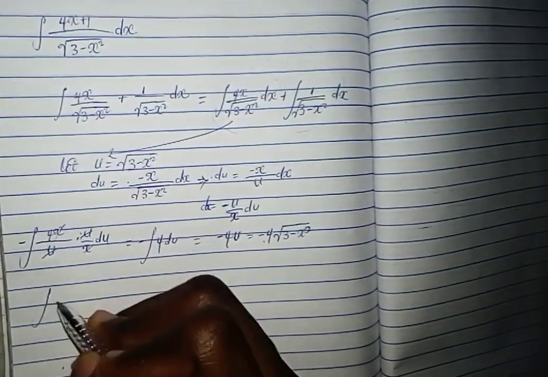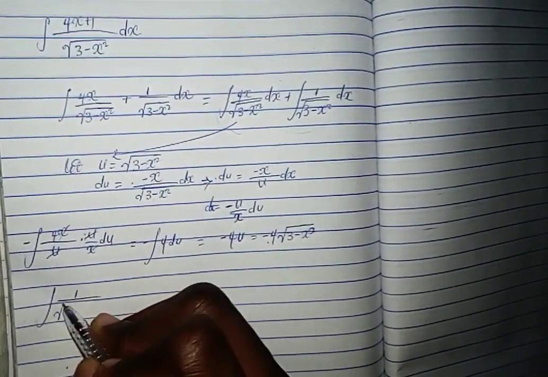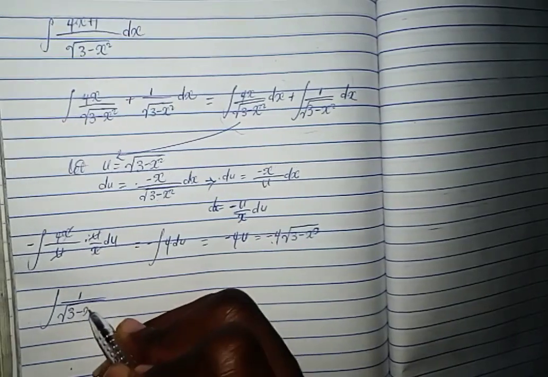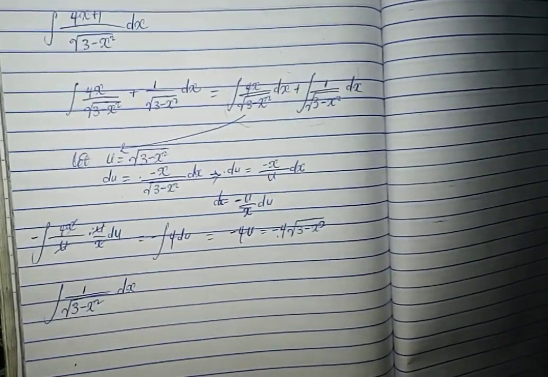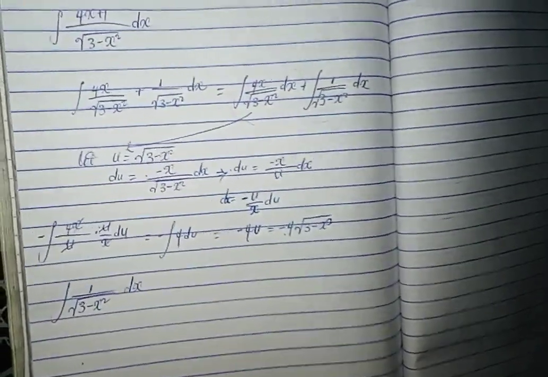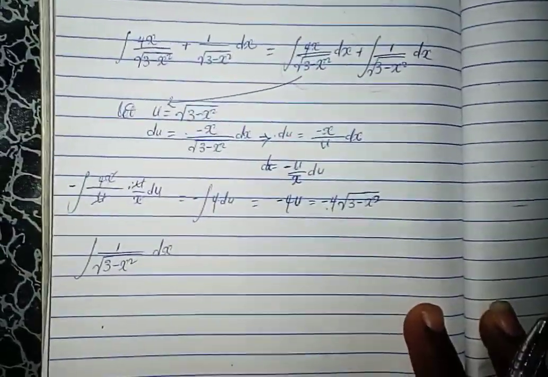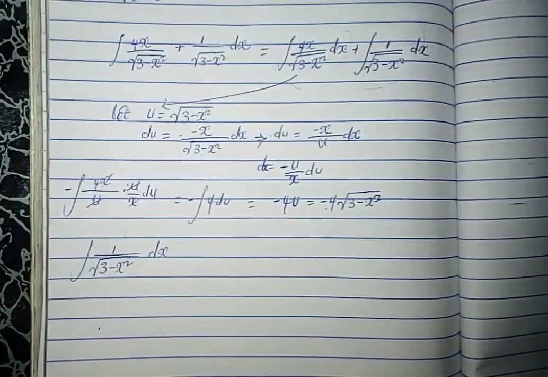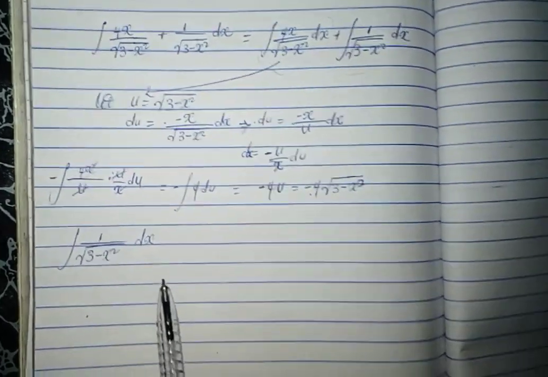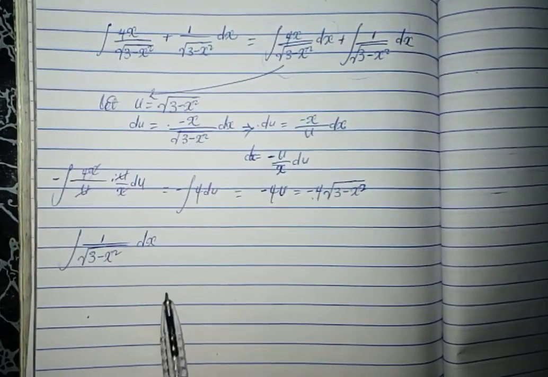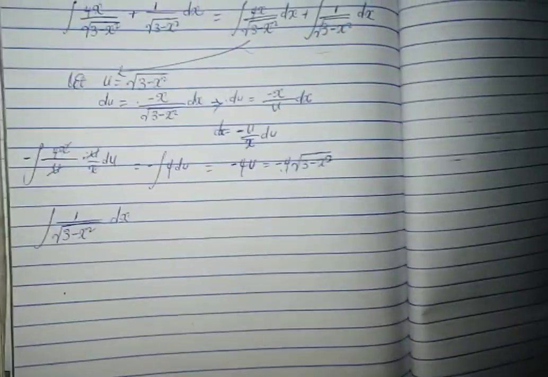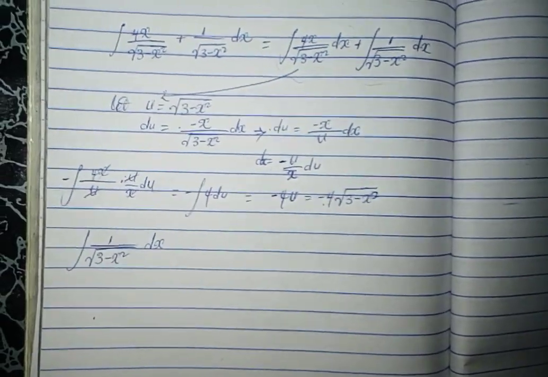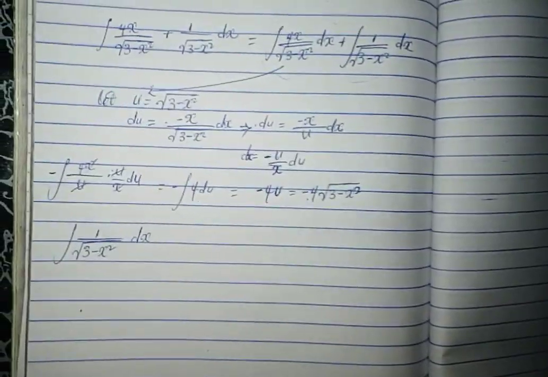So integrating 1 over the square root of 3 minus x squared dx. This is like a standard integral, where we know that the answer to this integral is the sine inverse of x over the square root of 3.